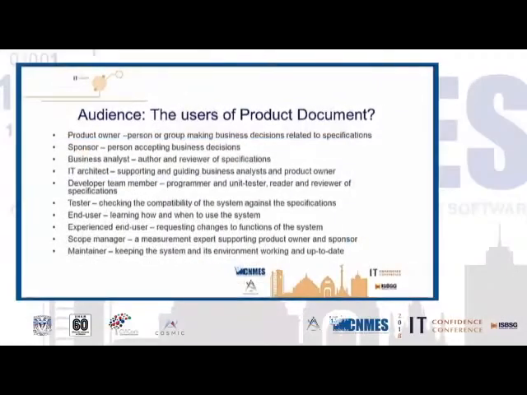Developer team members also need some documentation so that they know what they should program, and how they do the unit tests. They need documentation to know which kind of tests they have to run. And they also read the documents and they review the specification.